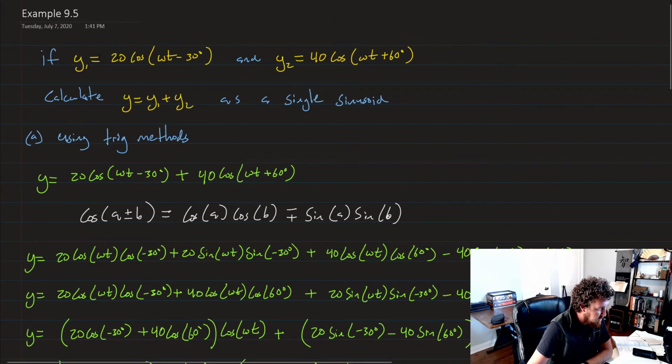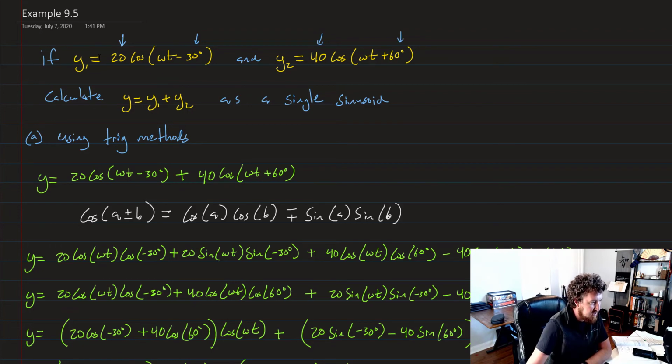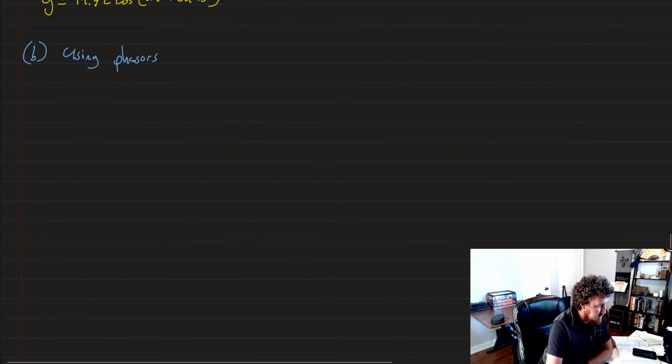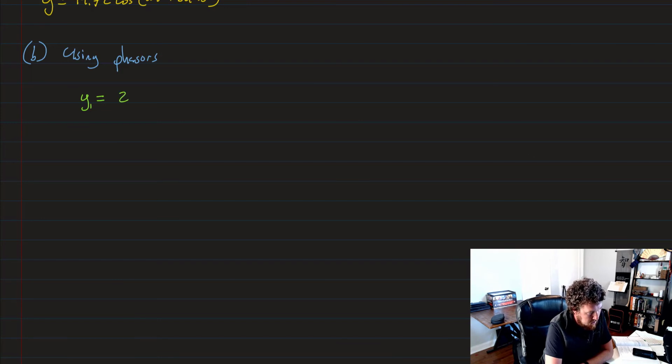Since we knew that y1 has an amplitude of 20 and a phase angle of minus 30 degrees, and y2 has an amplitude of 40 and a phase angle of positive 60 degrees, we can just say that y1 is equal to 20 at an angle of minus 30 degrees, and y2 is equal to 40 at an angle of 60 degrees. Now here's the catch.